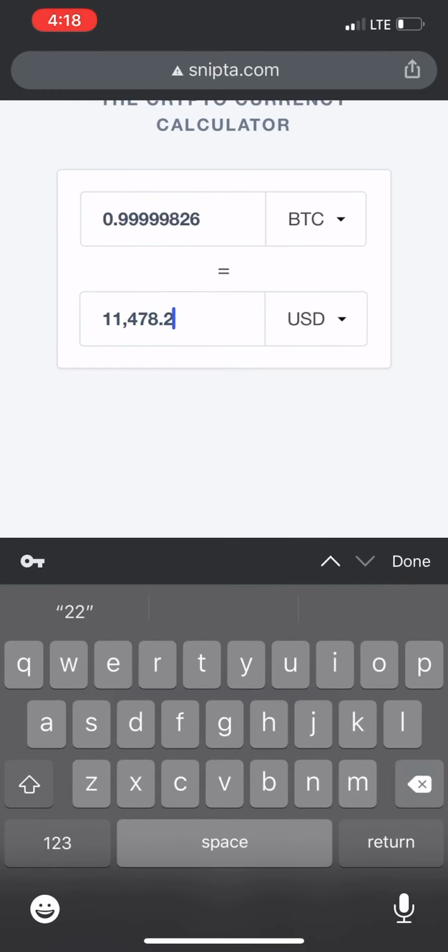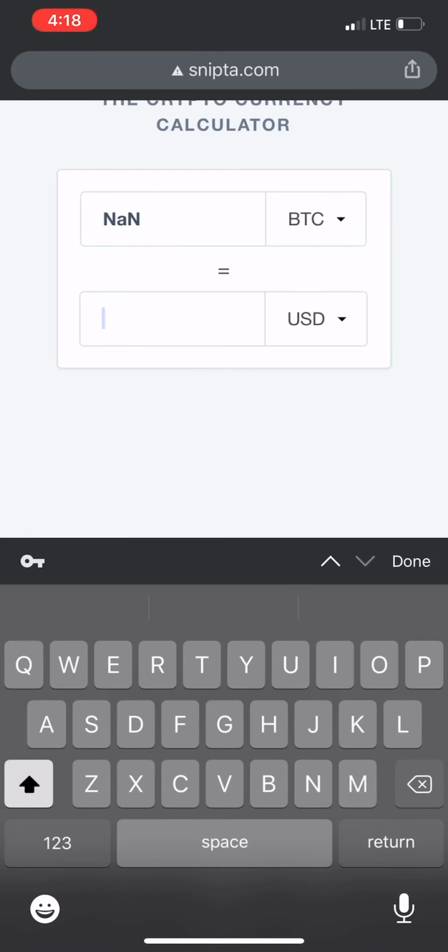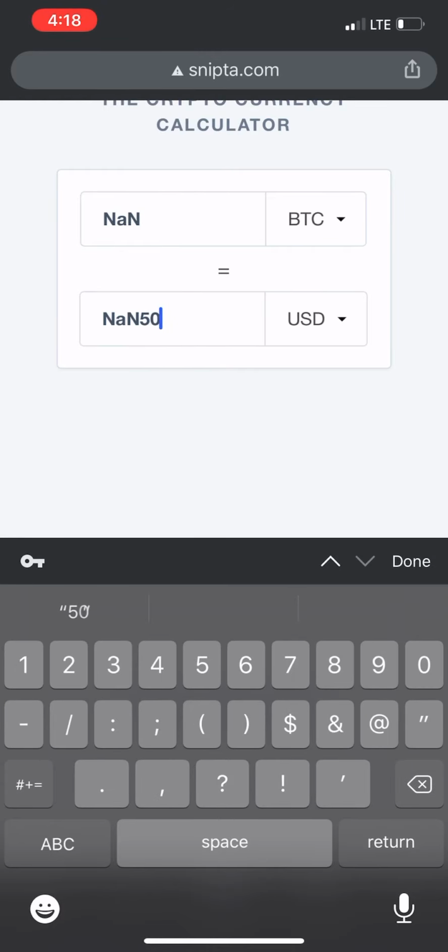Now let's say I want to know the value of $50. If I type 50, it will show me the value: 0.00435605 is the worth of $50 in bitcoin.